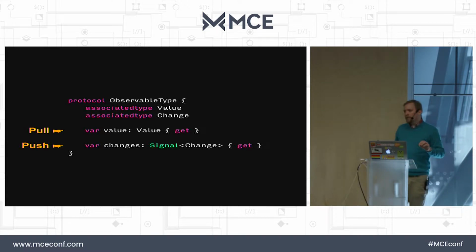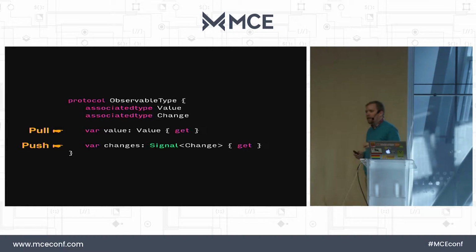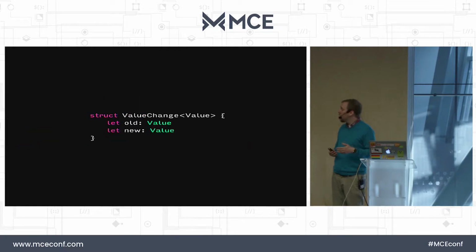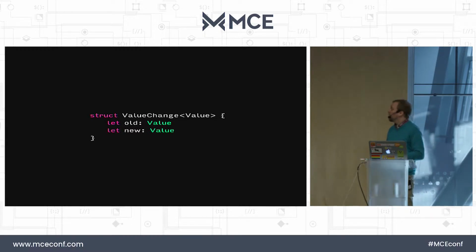If we know nothing else about the value type, we can still create a change description for it. In the simplest case, we might just put a snapshot of the old value and the new value together into a structure, and this works just fine for simple types like integers or booleans or short strings. So this is an example concrete change description that is already quite useful for the simplest cases.